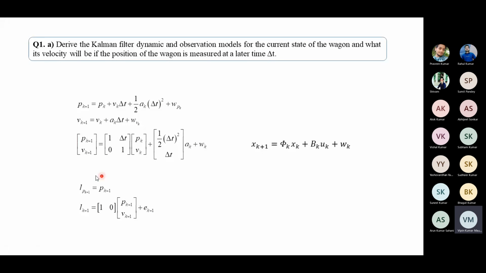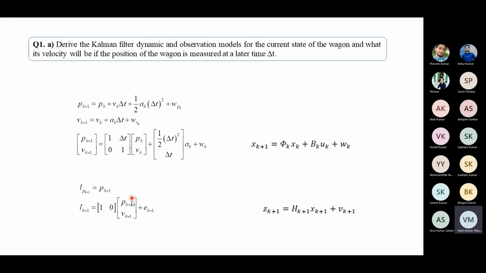Similarly, the question was talking about the position only. So what is our observation? Position only. For that case, using XK as pk, vk, you have to write the equation. Both XK and XK plus 1 have the same elements, so we have to write the equation in the same form.